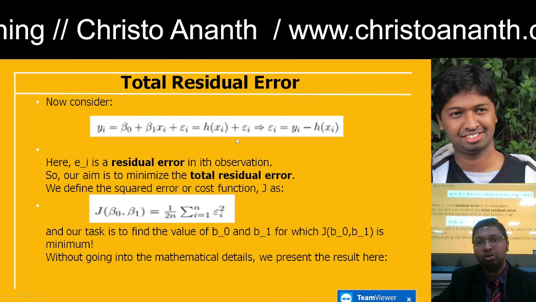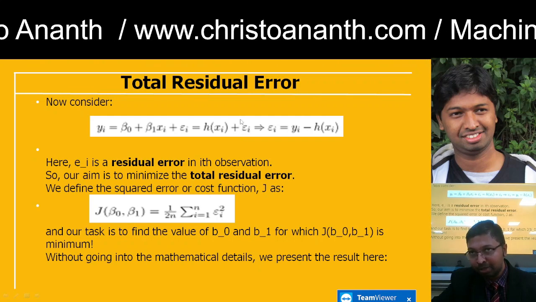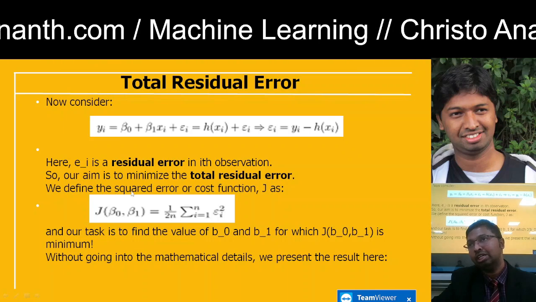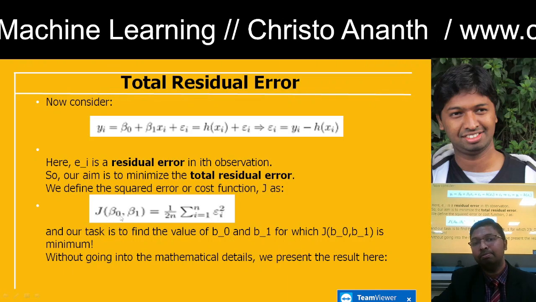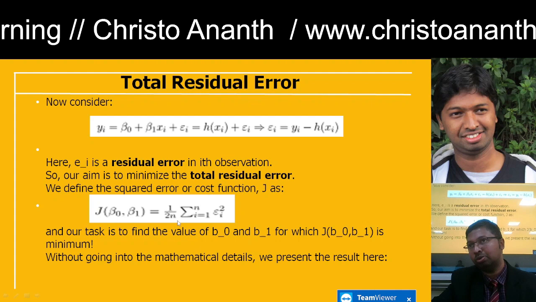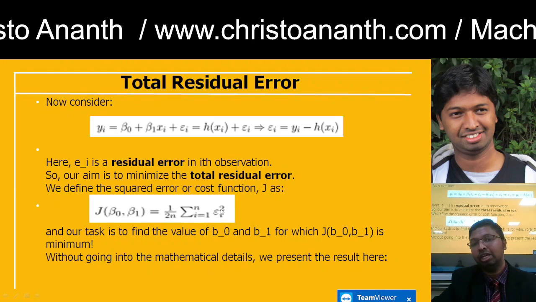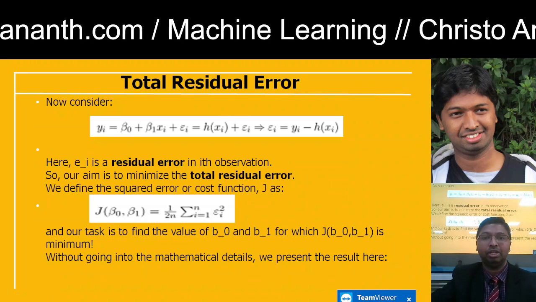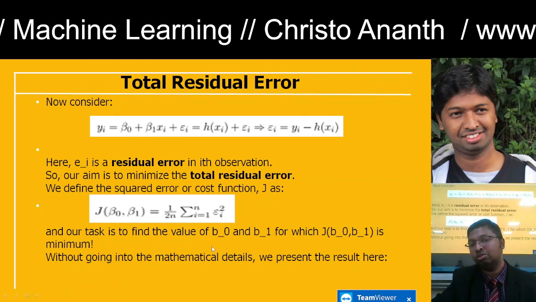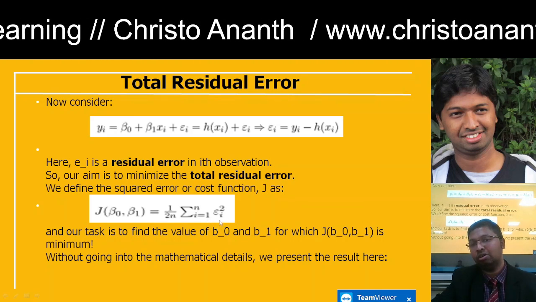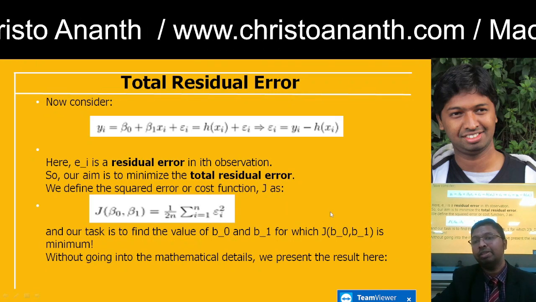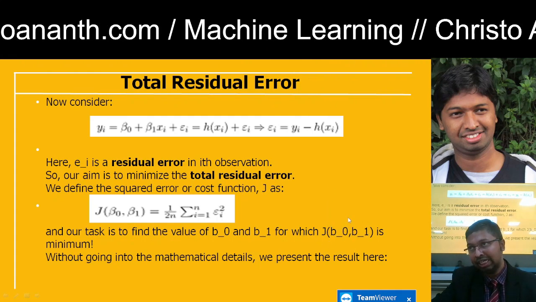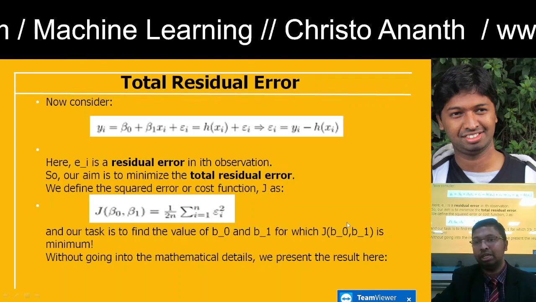You have to minimize the total residual error, and for this you will calculate the total cost function. J of beta 0, beta 1 equals 1 by 2n times the summation from i equals 1 to n of epsilon i square. This is the mean square error value. The task is to find the values of beta 0 and beta 1 for which the cost function J of beta 0, beta 1 is minimum.